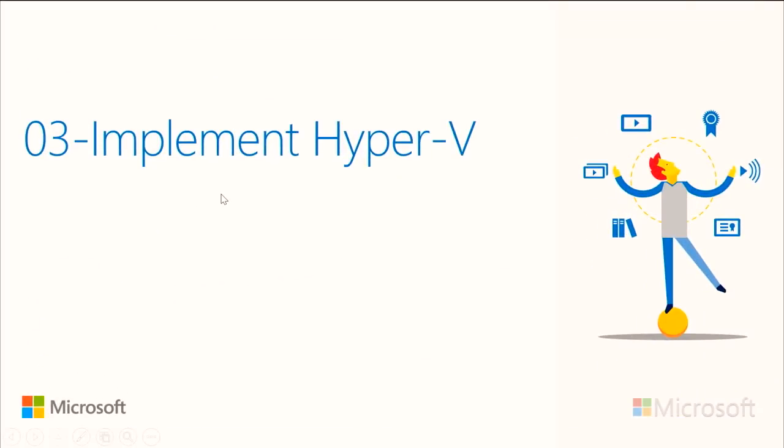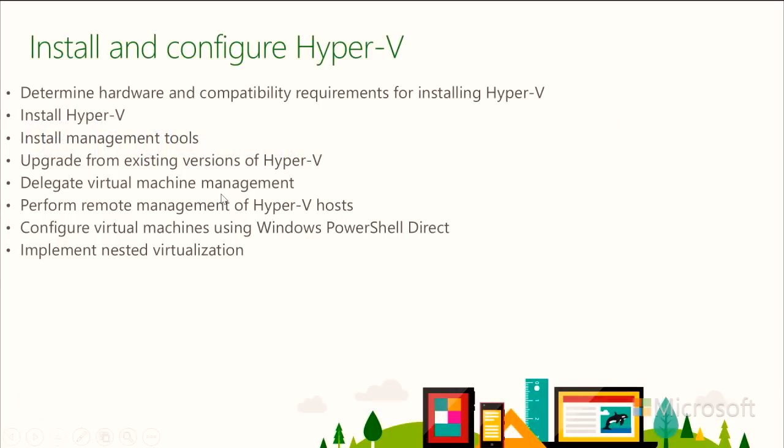So in this section for this exam, the things that you need to be thinking about are determining things like the hardware requirements, how to install Hyper-V, the management tools around Hyper-V, all the way down to, as Joe mentioned, nested virtualization. As we mentioned before, Windows PowerShell and Windows PowerShell Direct are also very important for this exam component.